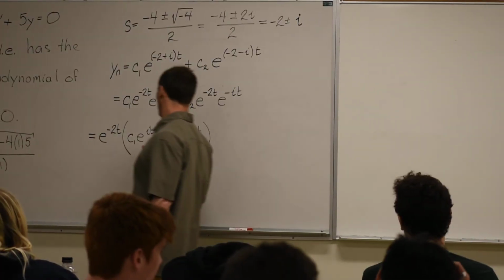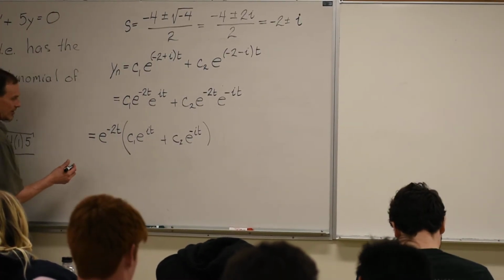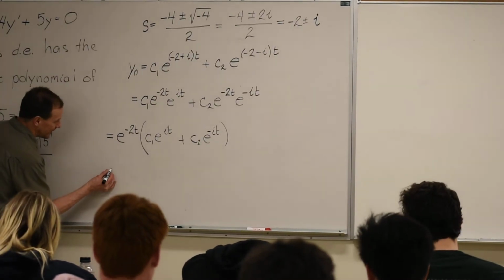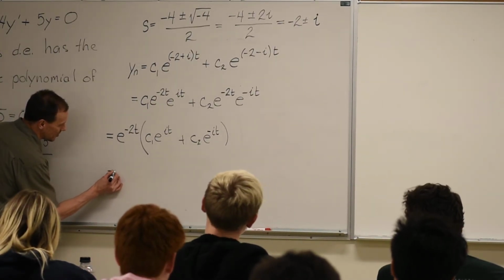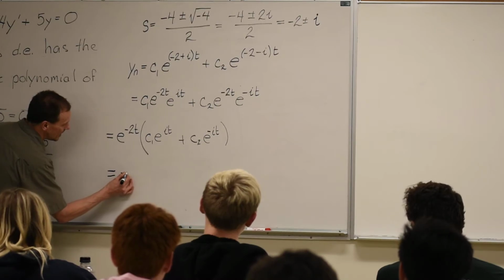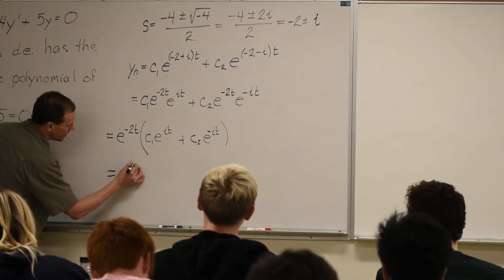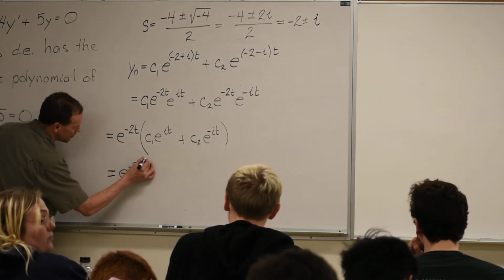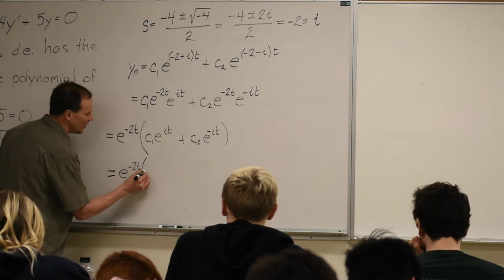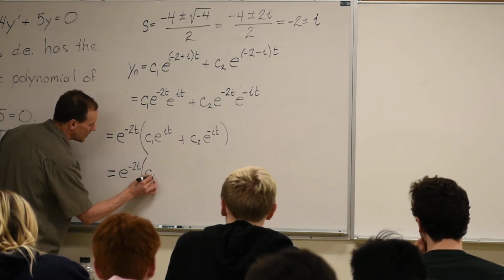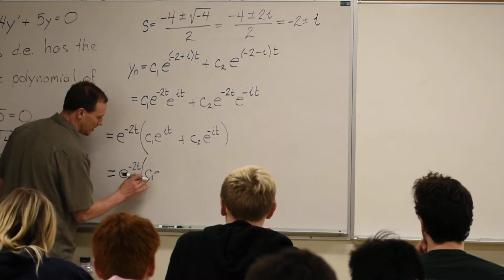Let's expand this. This is probably my last line here, and then we'll move over to the other board. This is equal to e to the minus 2t in parentheses. This is C1 e, not d, sorry.